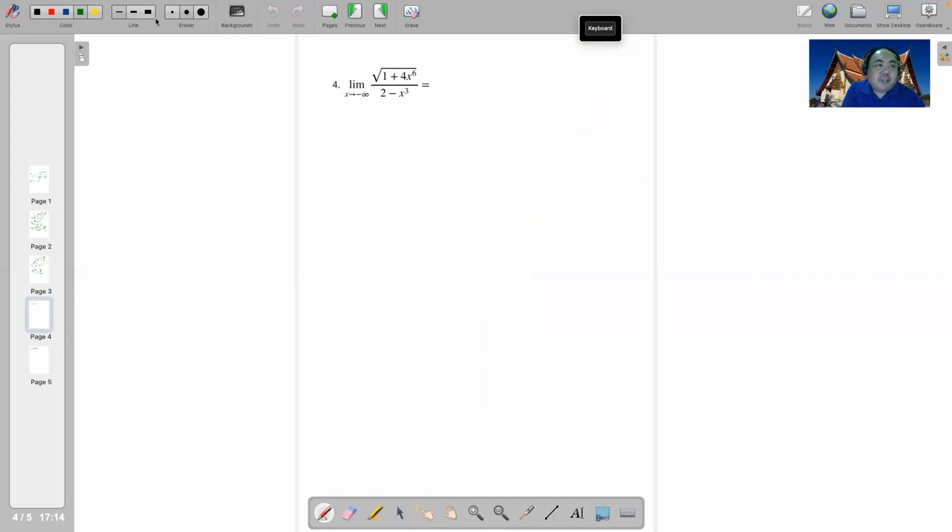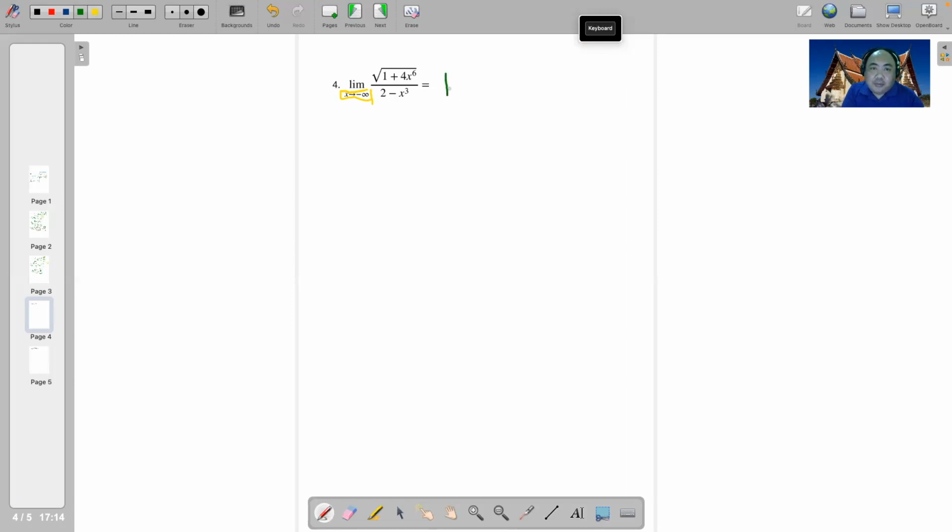Note, however, I want you to note that this particular example now makes use of negative infinity. So we are looking at values of x that are negatively large. What is the effect of that?